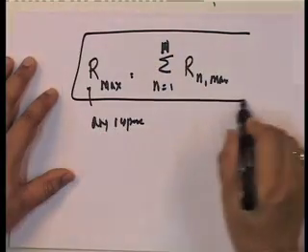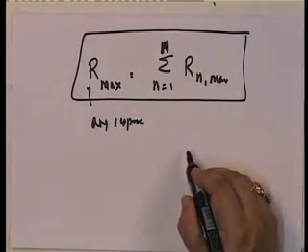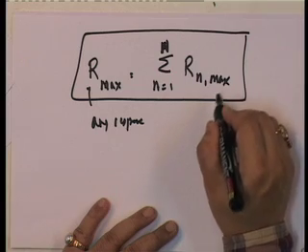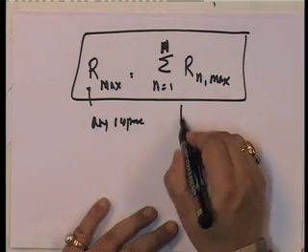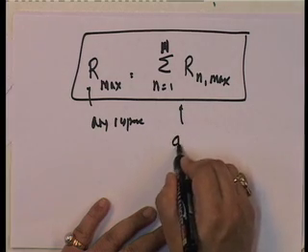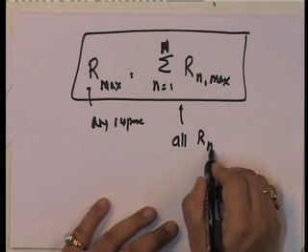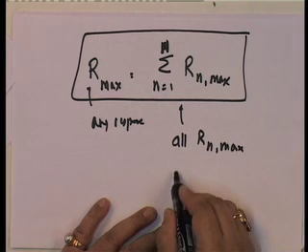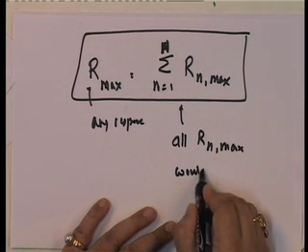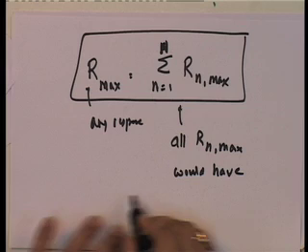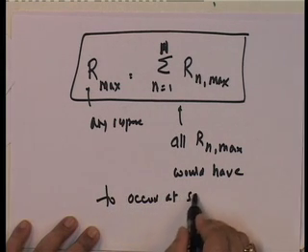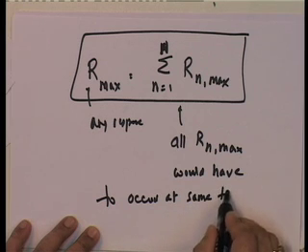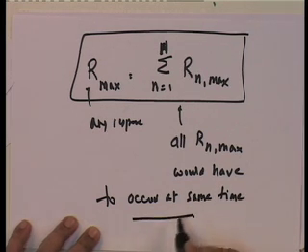Could I say that? The problem with this is that although this is valid for any instant of time, for this to be valid, all Rn max would have to occur at the same time.